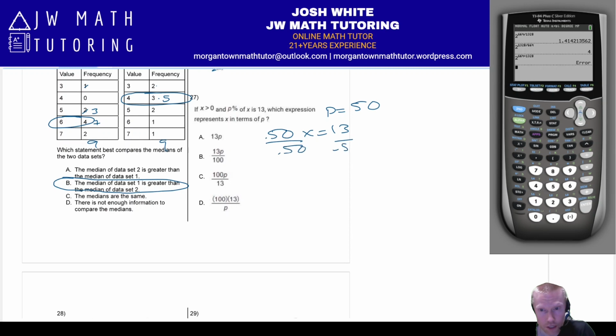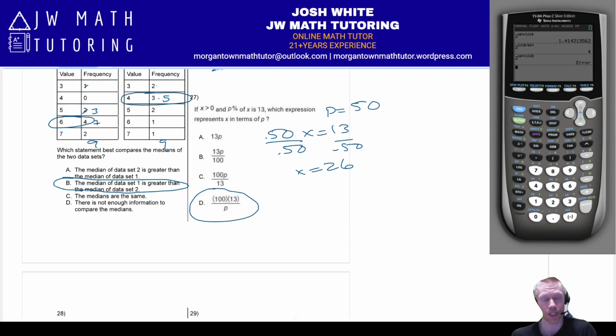So I solve that equation, and I find out x is equal to 26. Okay? So now when I go through these things, when I plug in 50 for p, which of these is equal to 26? Well, it's obviously not A. 13 times 50 is not 26. 13 times 50 divided by 100, B is not 26. 100 times 50, which is going to be 5,000 divided by 13 is not 26. It's actually going to be letter D, 100 times 13 divided by P.